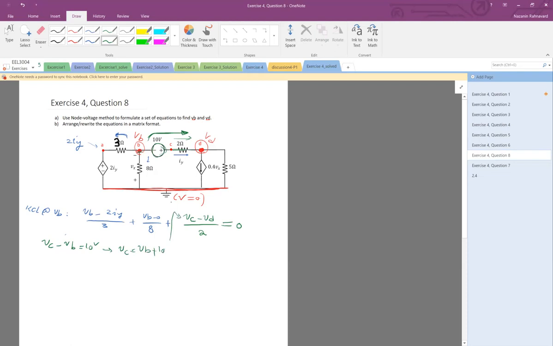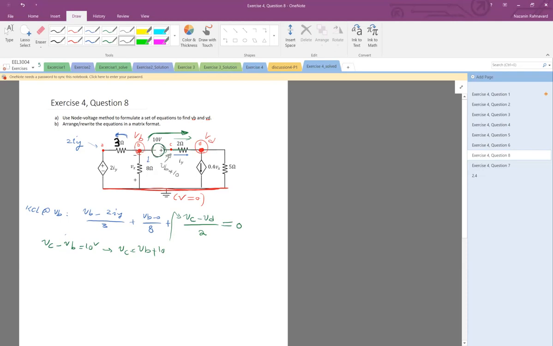You could also do that in your head by saying I have VB, and there's a 10 volt voltage source here, so this node is VB plus 10.